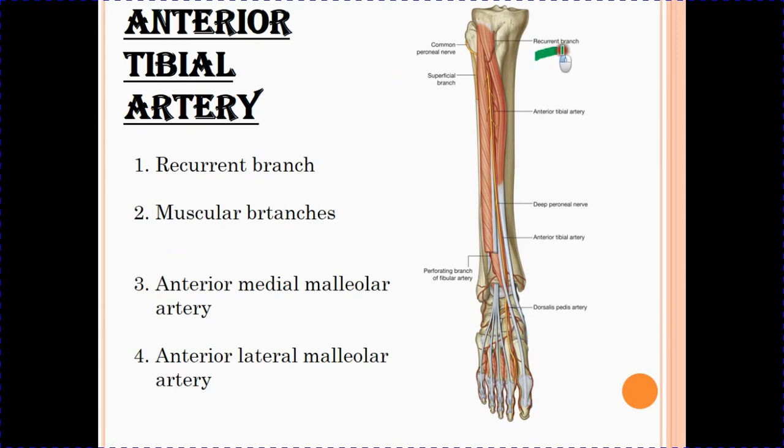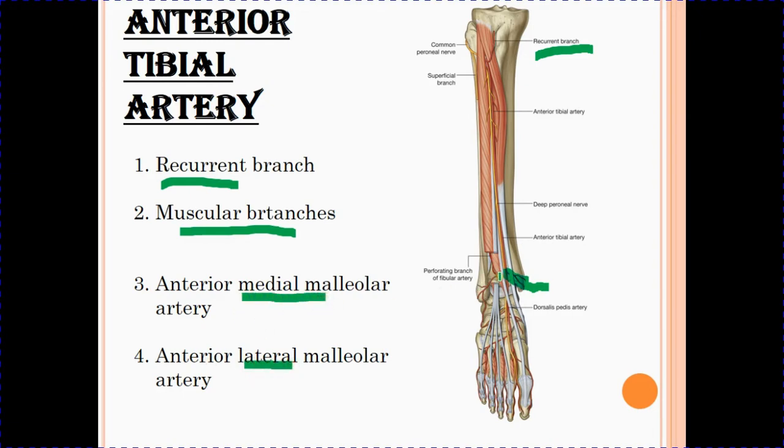It gives off a recurrent branch which moves towards the knee joint. It gives muscular branches. It gives the anterior medial malleolar artery. This one, anterior medial malleolar artery, as well as anterior lateral malleolar artery.